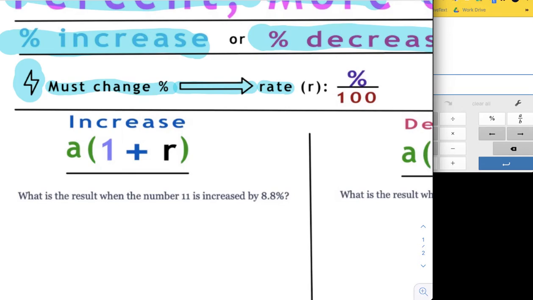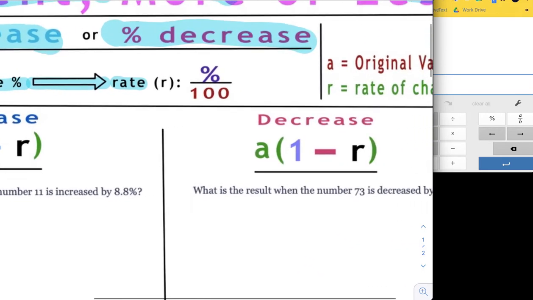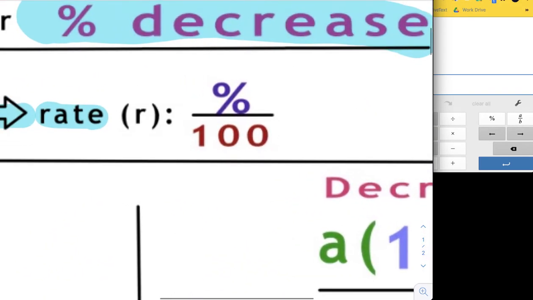Because regular numbers cannot add with percent. So if you have $50 and they say plus 25%, it's not 50 plus 25, it's 50 plus 25%. So what we have to do is change that percent into a regular number. So rate is R here.